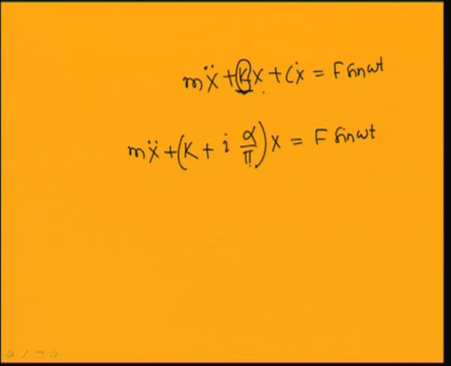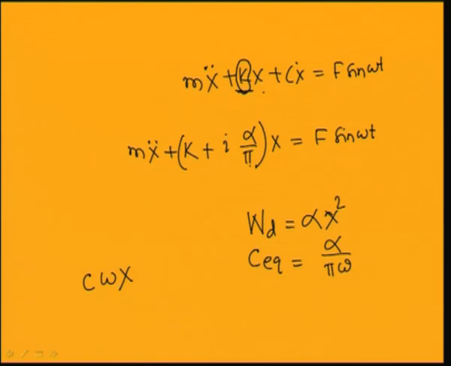In case of structural damping, as you have seen, the energy loss due to damping is equal to alpha x square, which does not depend on the frequency. In that case you have seen that C equivalent can be found: C equivalent equal to alpha by pi omega. Then the C x dot term will be C omega x.